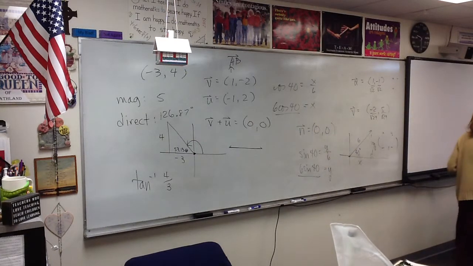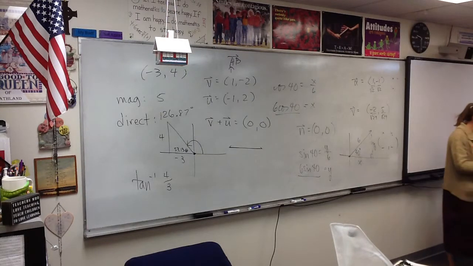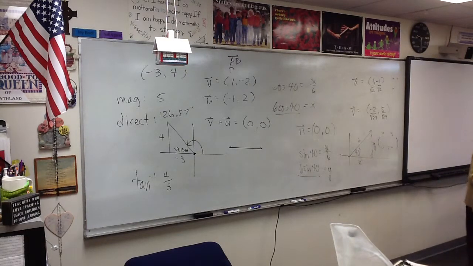The origin is the initial point of any position vector. Standard unit vectors. I and J. Why are they called standard? Because they are the horizontal and vertical.